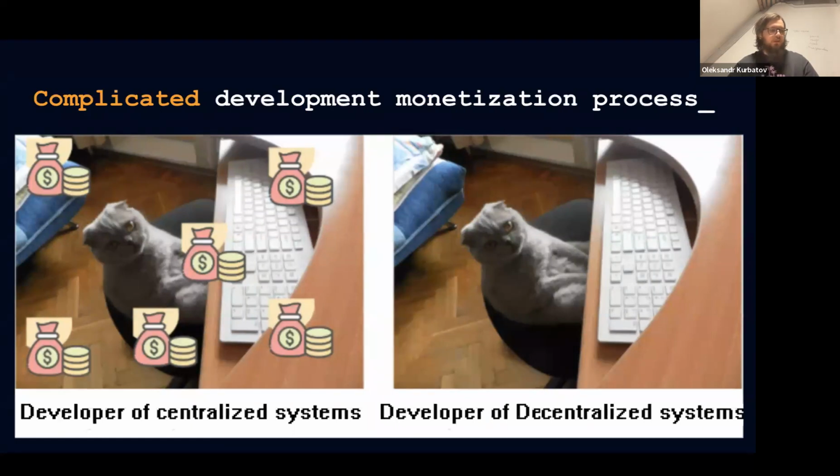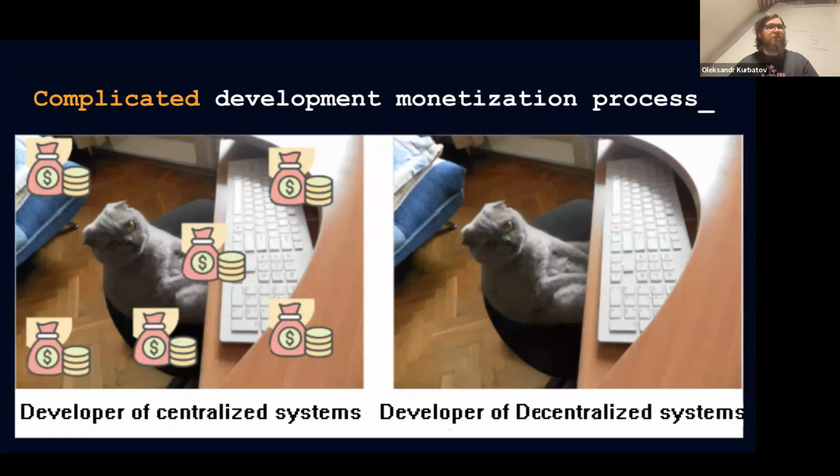The next one: there is a really hard process of monetization of creating a decentralized system, because in centralized systems, obviously you have some company, you have some investors, you have some interested parties that are going to support the system itself, and they are going to make the system live because they're interested in the value of the system.